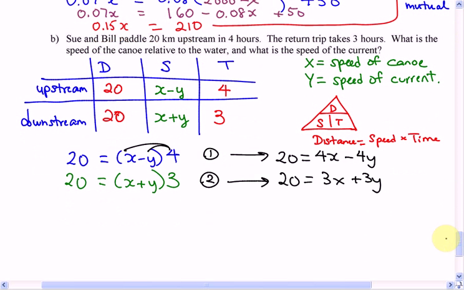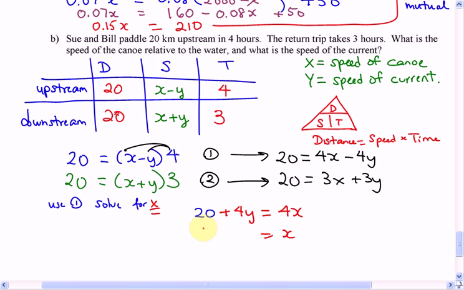It's up to you what you want to do to solve this one. I'm going to take equation number 1, and I'm going to solve for, let's say, y. So 20, let's solve for x actually. Let's just mix it up. Solve for x. So 20 plus 4y equals 4x.